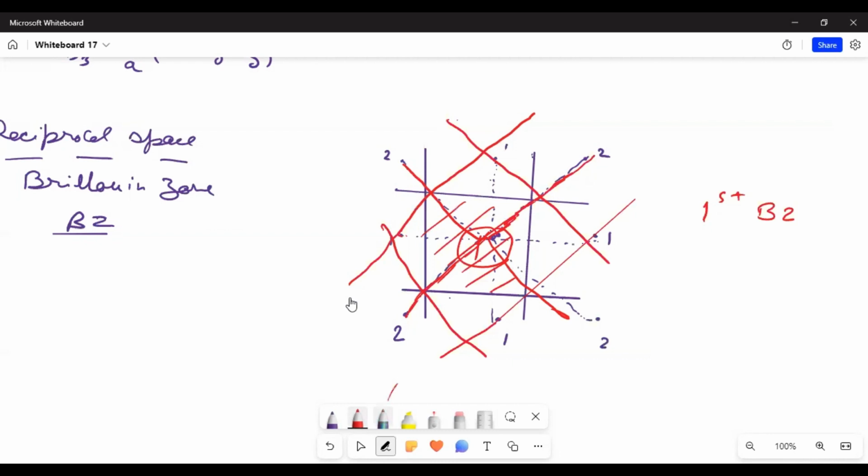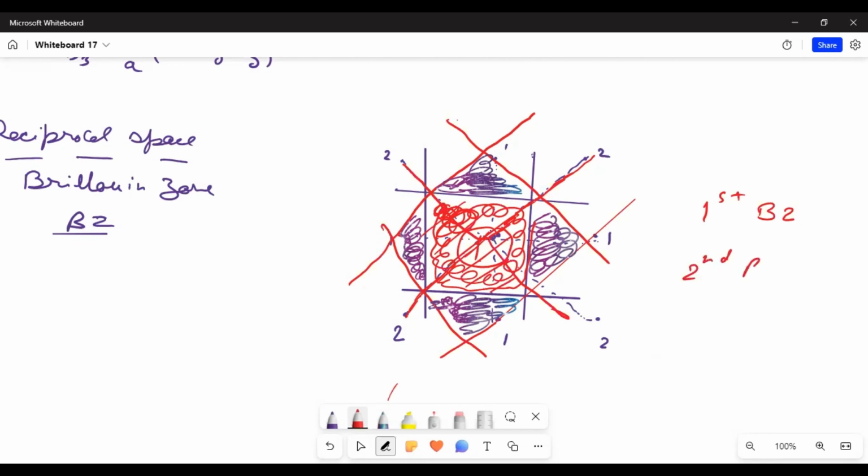The area outside the first zone, this triangle, is actually the second Brillouin zone.